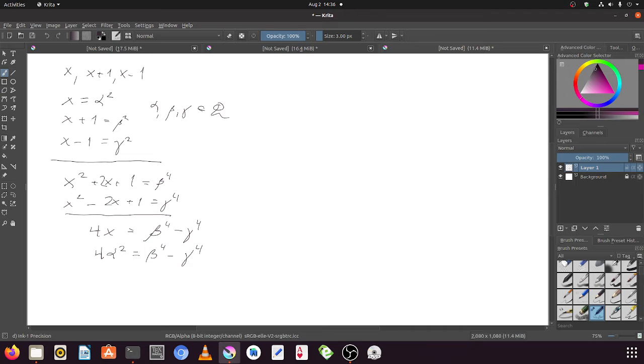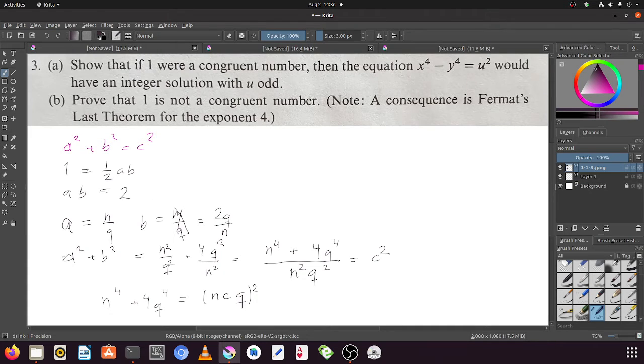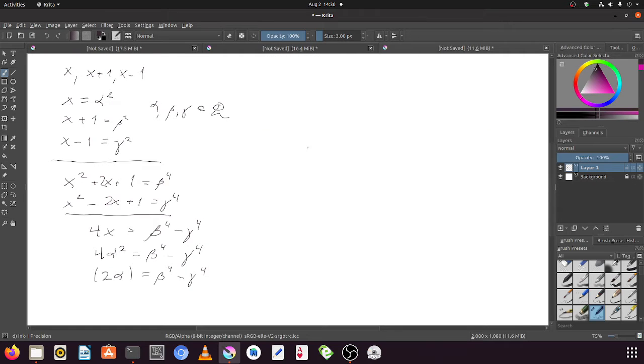Now what do you say? Wasn't that what we should prove, really, or was it? Show it would have integer solutions. So we have to multiply by some common denominator here.